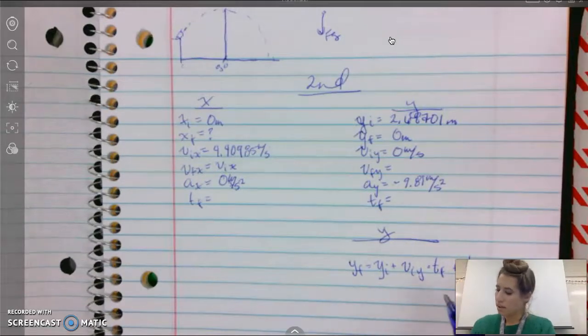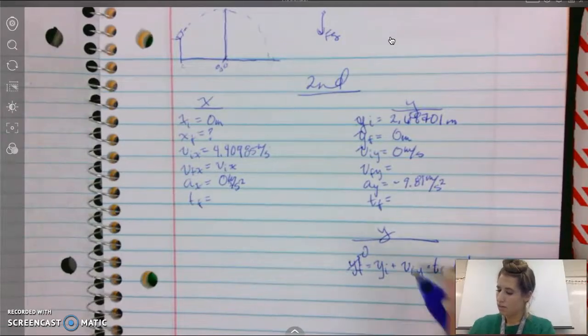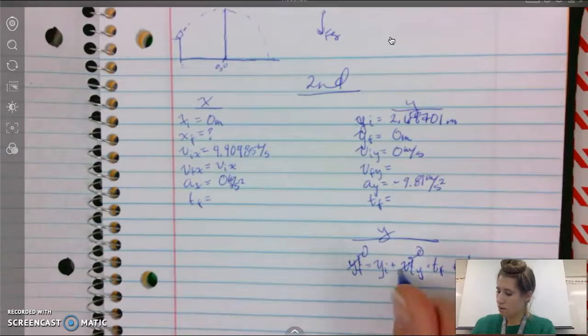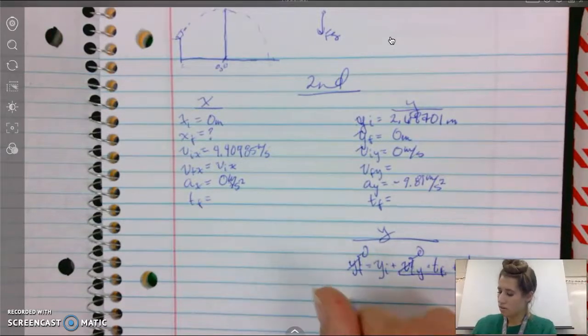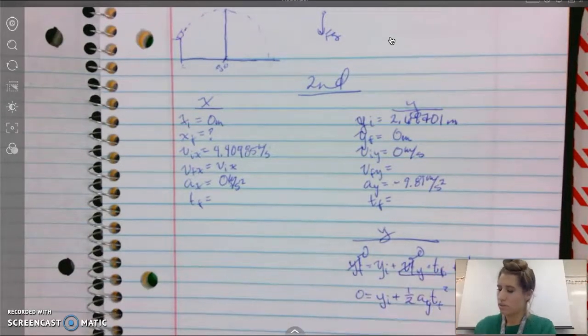We have a y final of 0, and we have a velocity initial of 0, and anything multiplied by 0 is 0. So we have 0 equals y initial plus 1/2 acceleration t final squared.